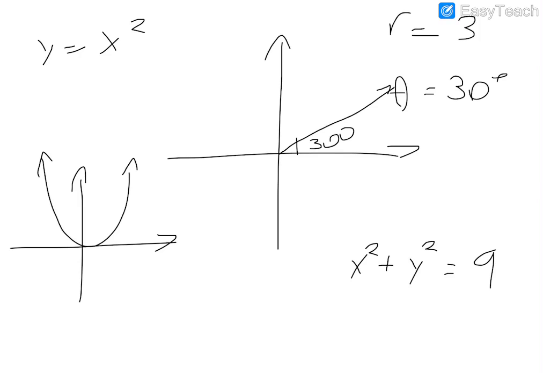So just as a general thing, the Cartesian coordinate system is usually better for straight lines and parabolas, while the polar coordinate system is better for circles. And at the same time, the Cartesian plane is better for translations and reflections.